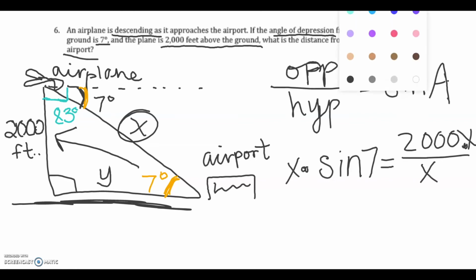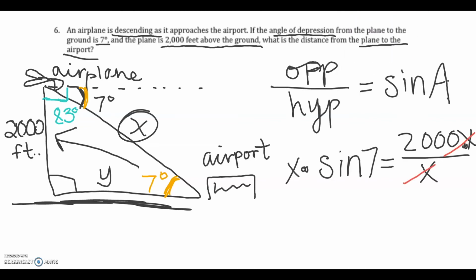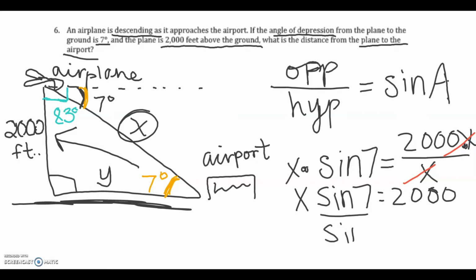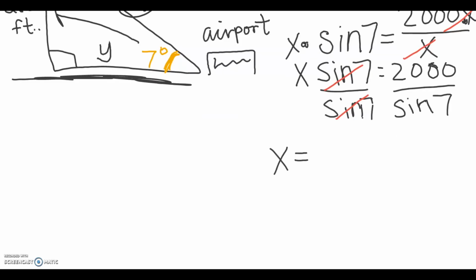The x's cancel out. So we are left with x times sine of 7 equals 2,000. Then we divide both sides by sine 7. So we have x equals 2,000 divided by sine of 7.